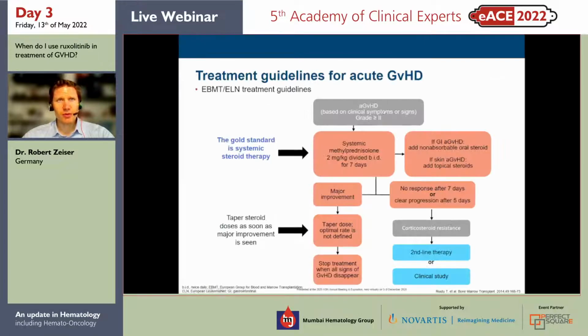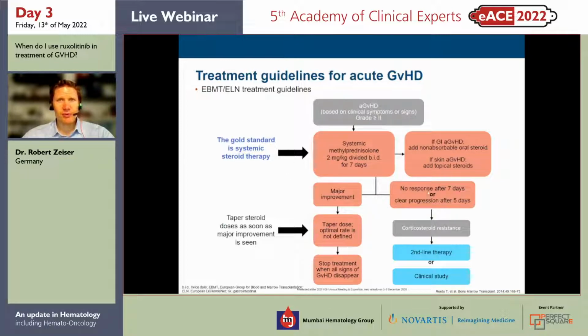We follow the treatment guidelines provided by the EBMT and ELN when we treat patients with acute graft versus host disease. You can see here that those patients receive systemic methylprednisolone at a dosage of 2 milligram per kilogram body weight divided into dosages for 7 days.